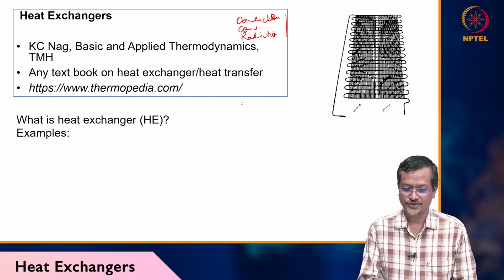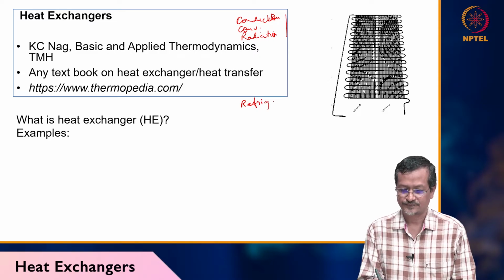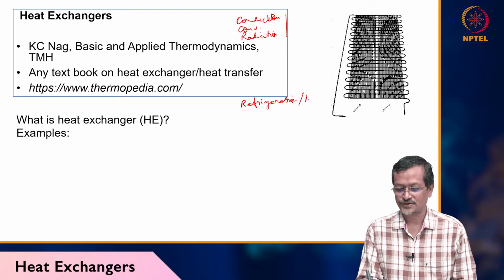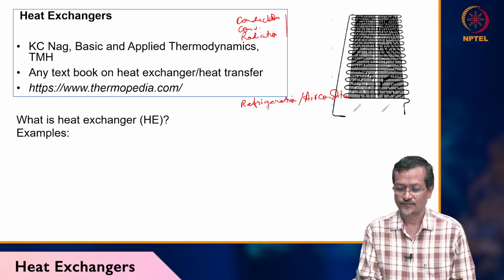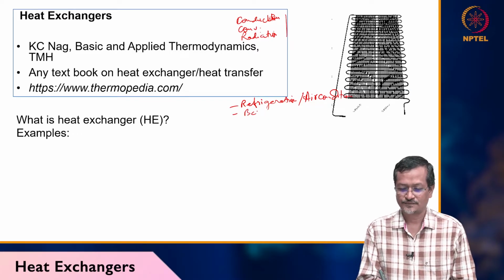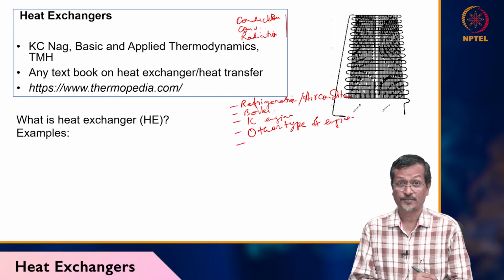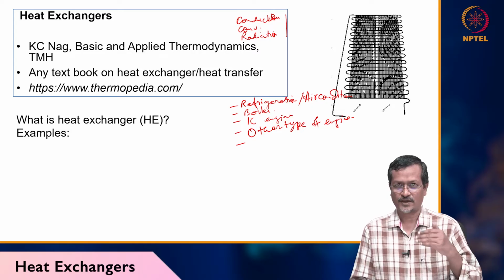You have the refrigeration system, or the air conditioning system, the boiler system, the internal combustion engine, or other types of engines, or you may have a heat recovery unit. So many places have heat exchangers.